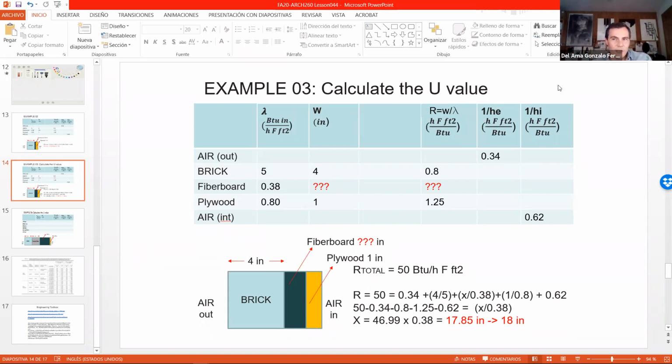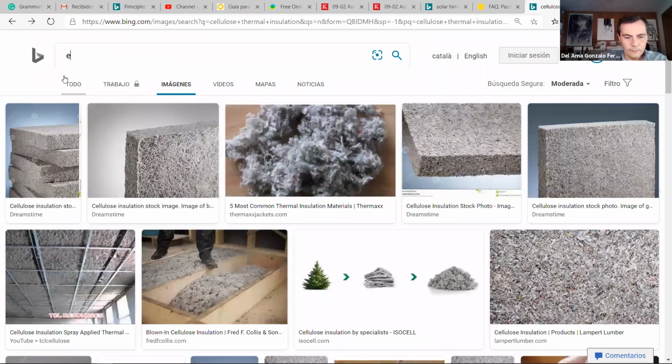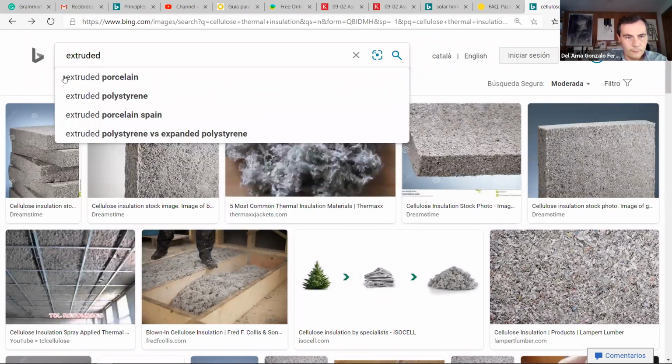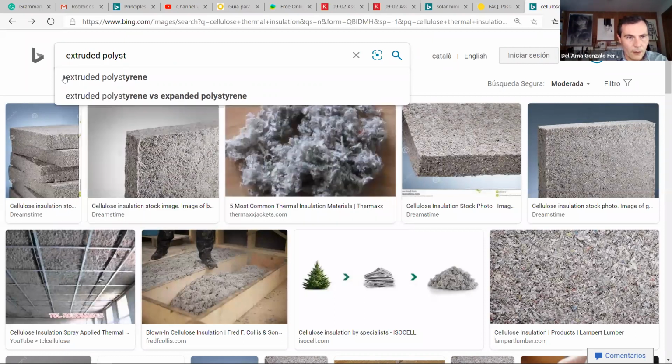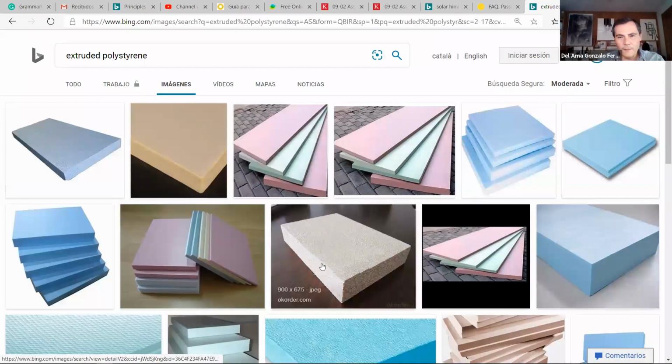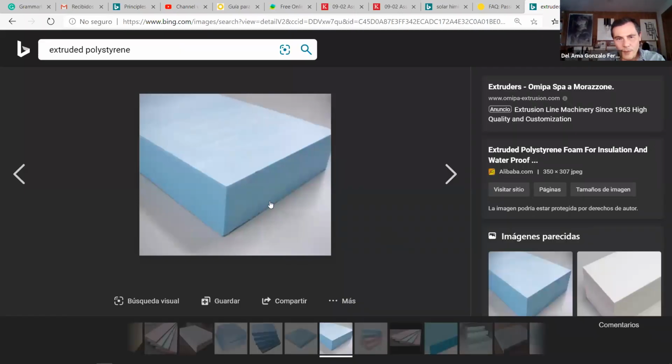Fiberglass is a good option. And another option is the extruded polystyrene. This is what we call foam. It's a polymer, so it's plastic.